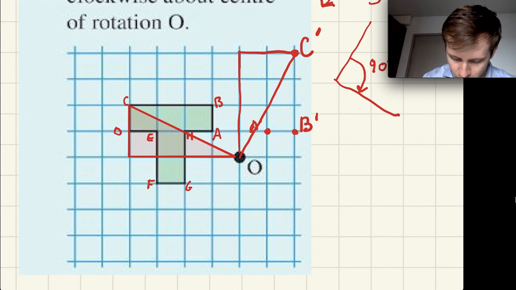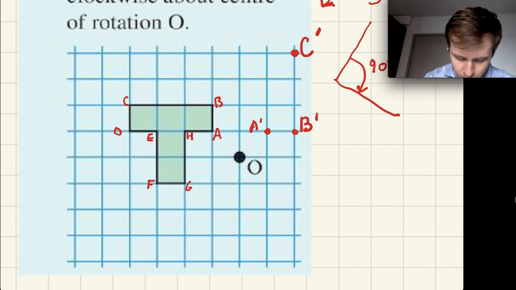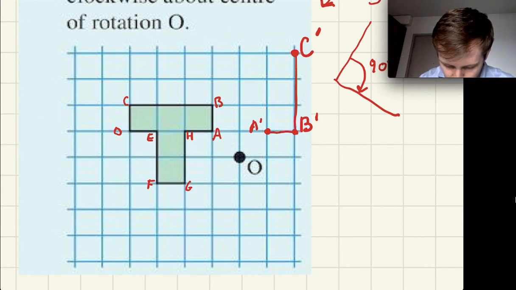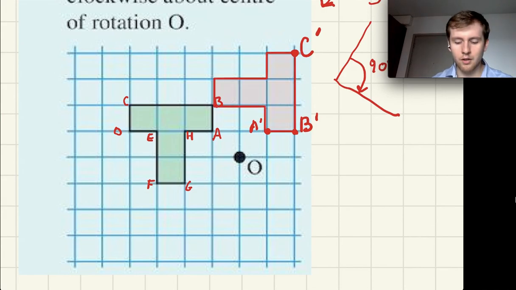Whoops. Wrong tool. Oh my goodness, that looks so terrible. I will have to erase this. And this as well. And so let's draw it. This is our T rotated.